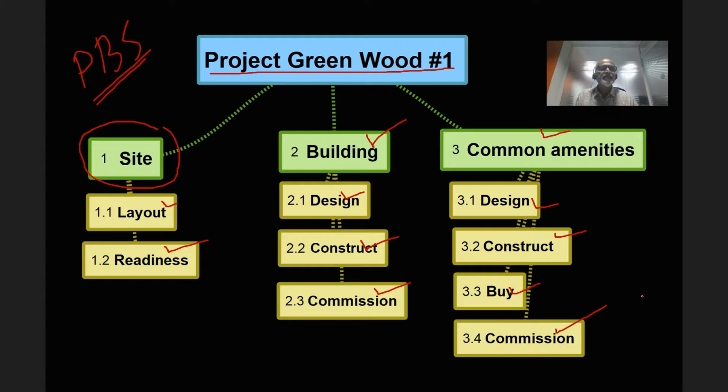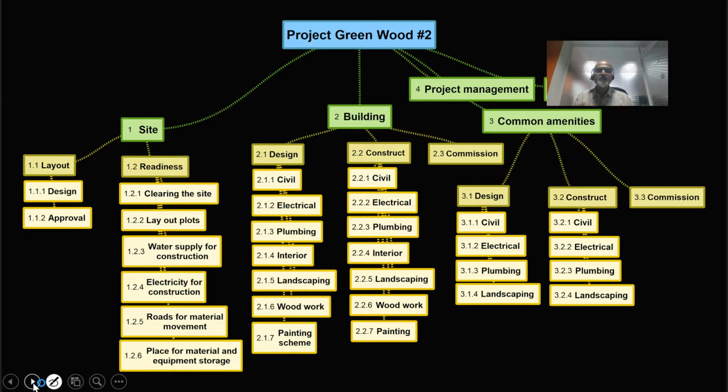We decompose the large product into smaller components of the product. The next step is superimposing this product breakdown structure with additional activities that are required to really make it happen. Then we arrive at the work breakdown structure.